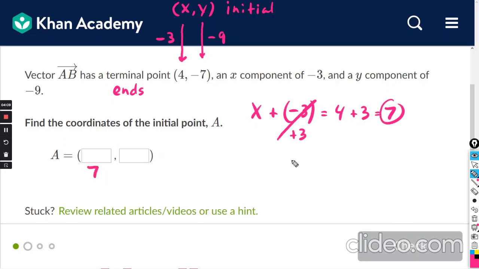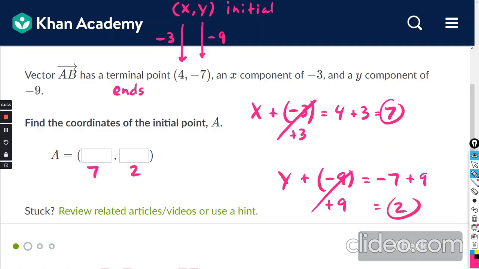And then for the y's, we have y plus -9 is -7. The opposite of -9 is +9. Do that to both sides. And y equals +2.